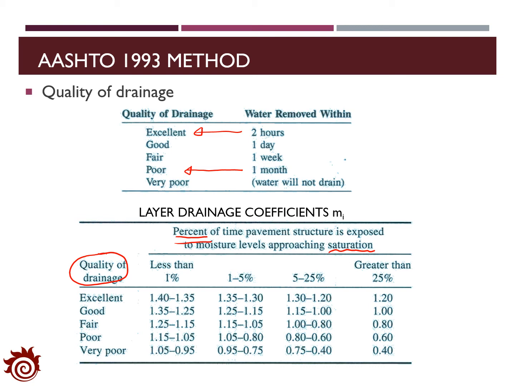Usually with a smaller percentage and the higher quality of the drainage system, the coefficient will be larger. And if the quality of the drainage is low, then the coefficient will be smaller.